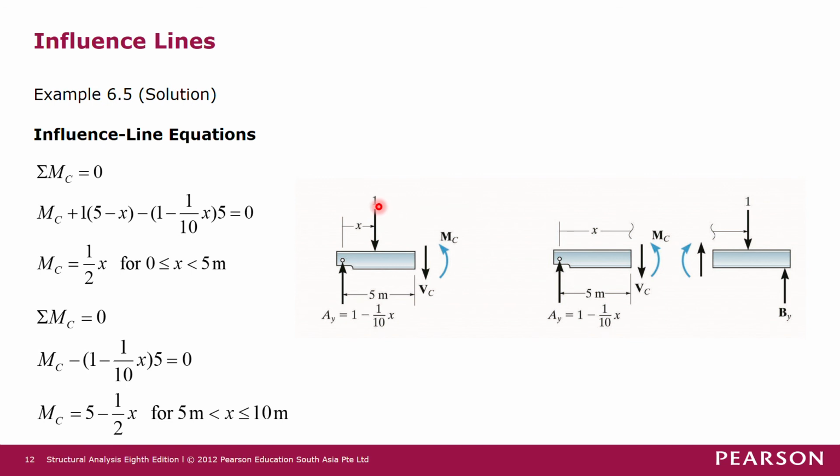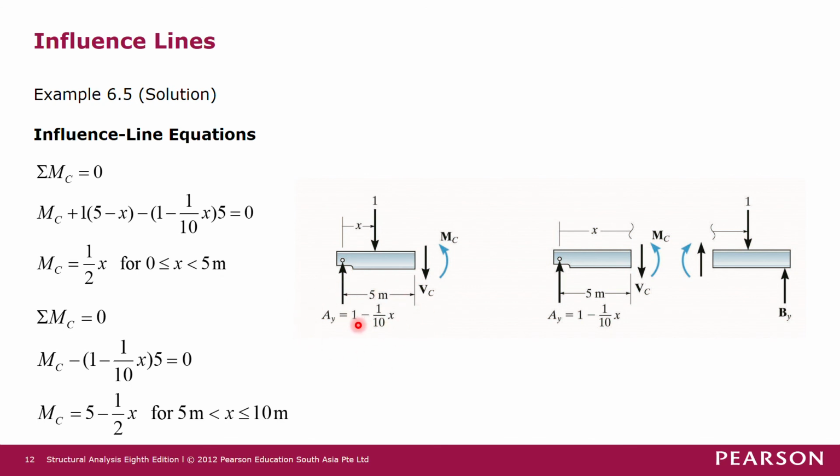One segment is when you cut across section C and the one unit force is still there. If this one unit force has moved beyond 5 meters, then if you cut across this section, the one unit force is on the other part of the free body diagram, and it does not appear on this free body diagram.